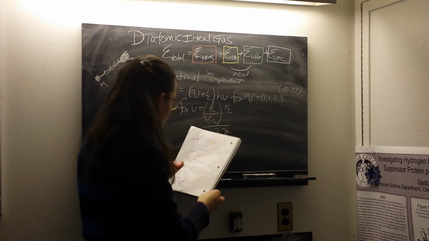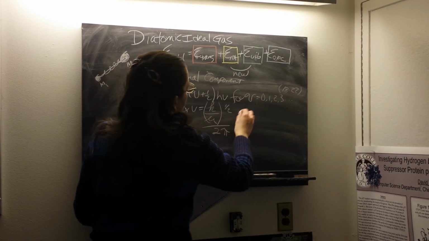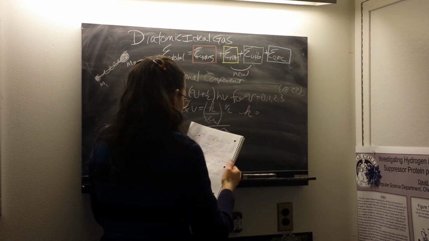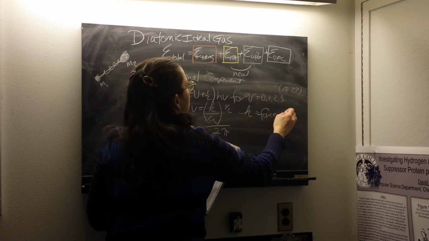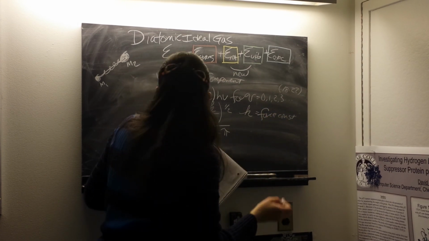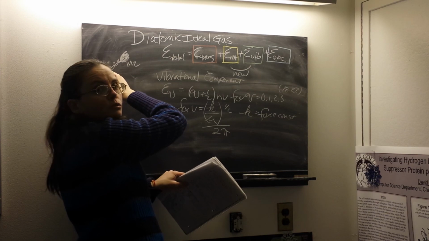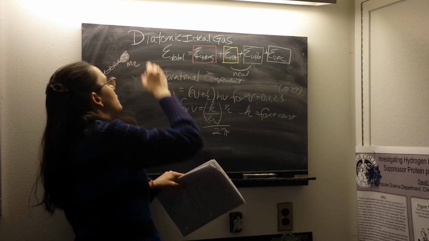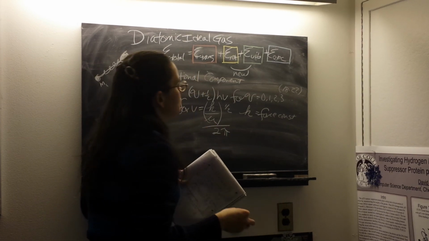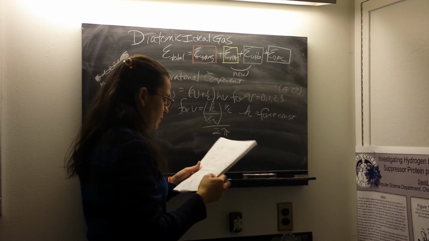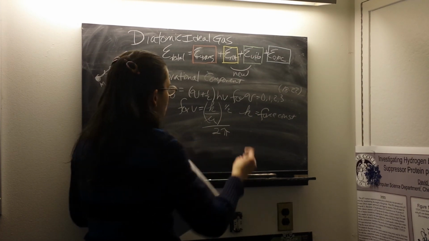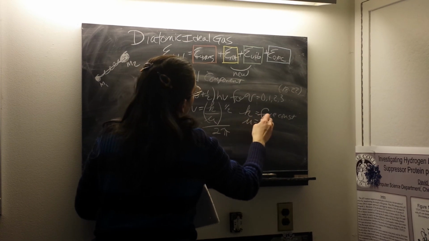You might remember from when we studied basic physics that k is the force constant. We're assuming that the bond between these is a spring, and springs have a force constant associated with them, so that's what k is. And mu is going to be the reduced mass.